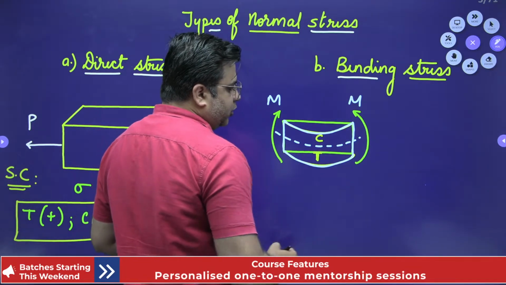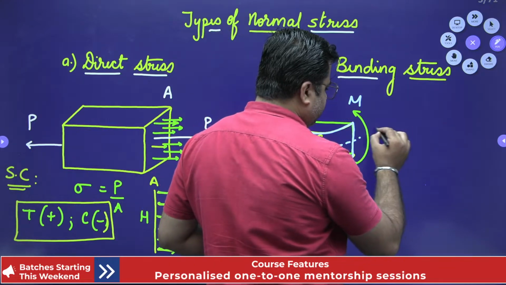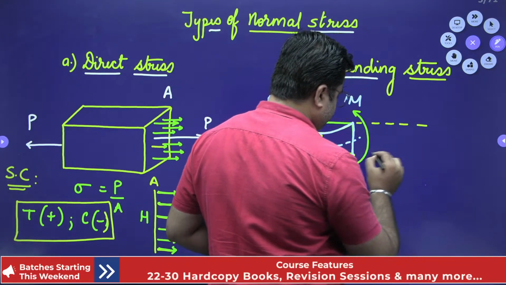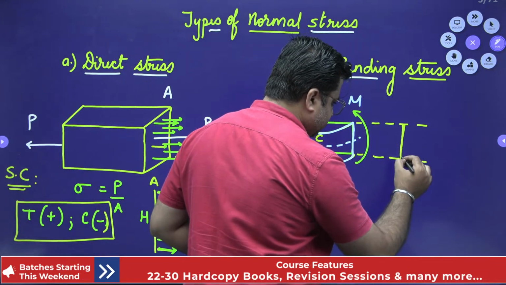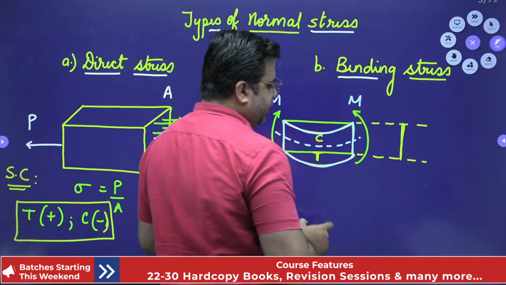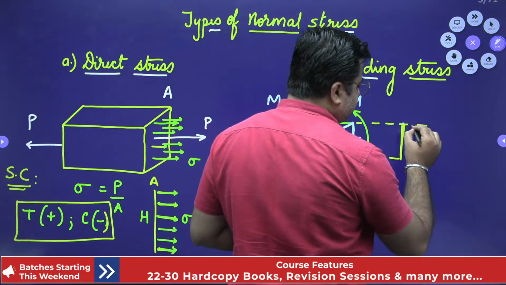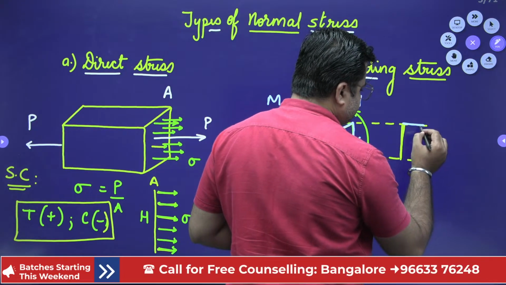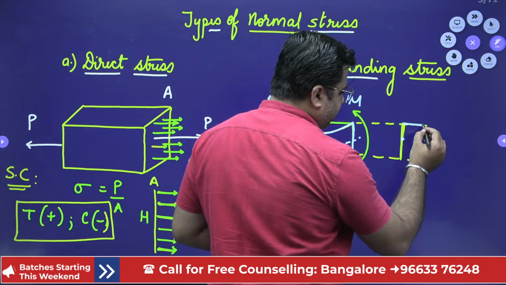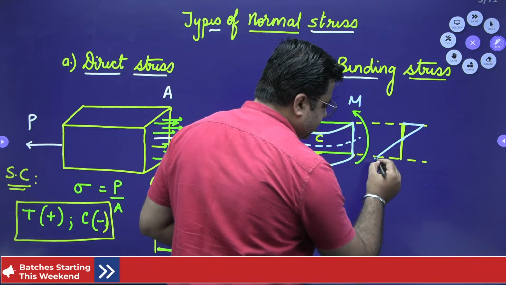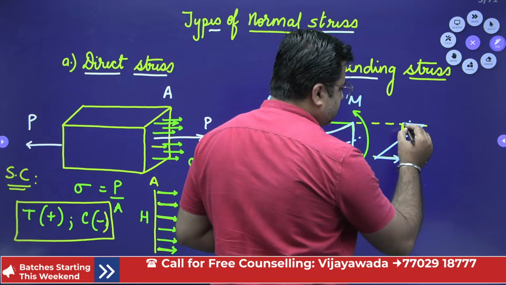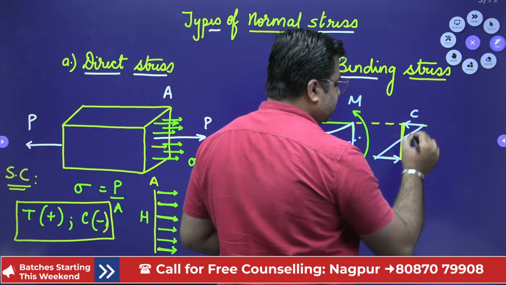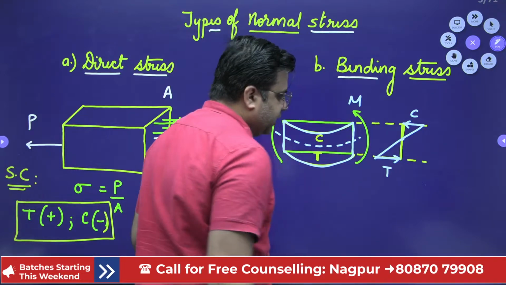So if you draw the cross section for this beam, the top fibers are under compression and the bottom fibers are under tension like this.